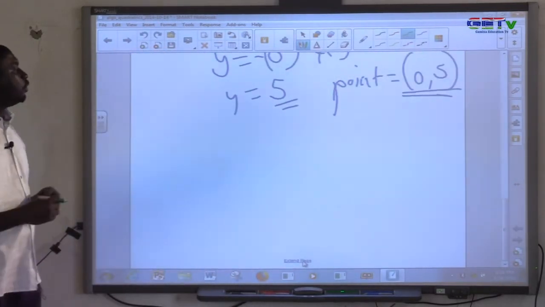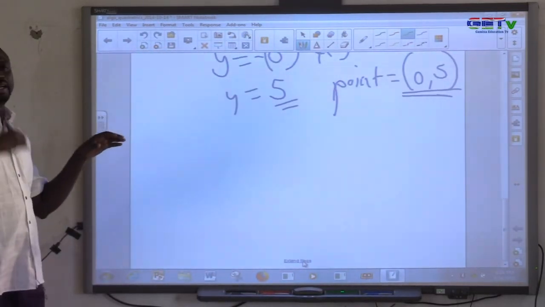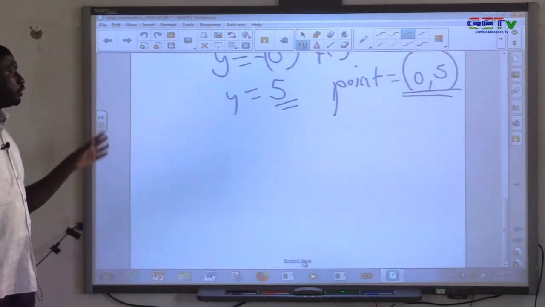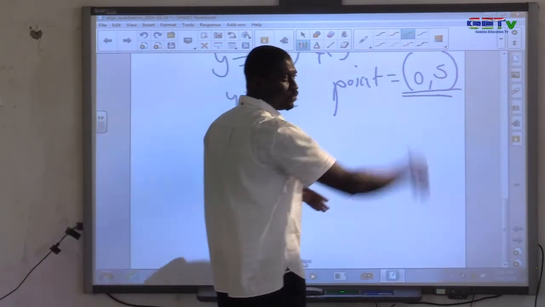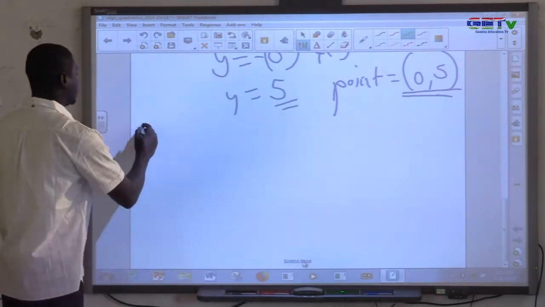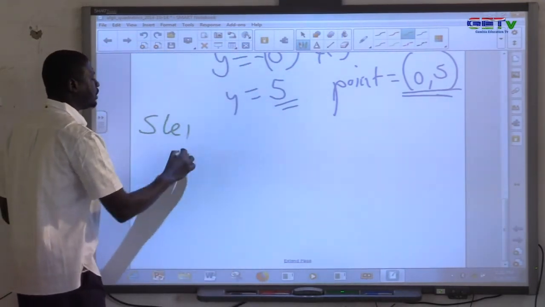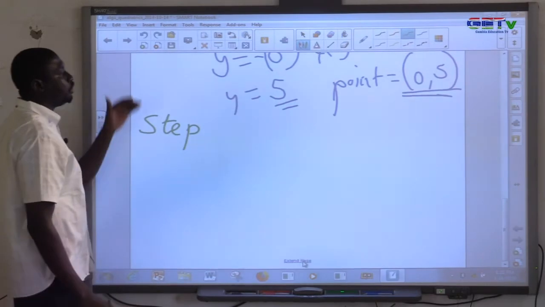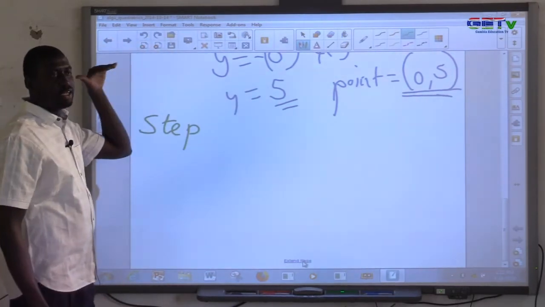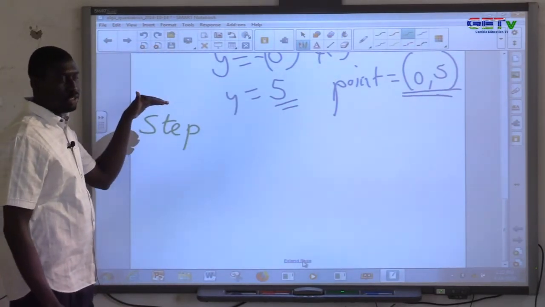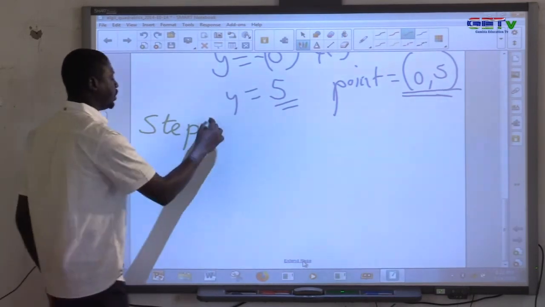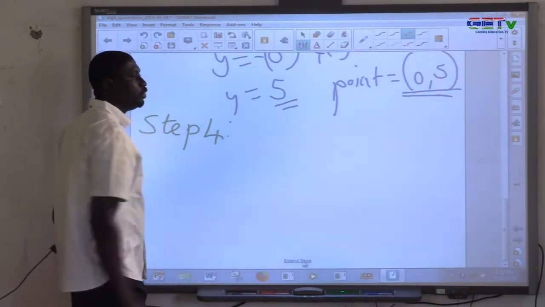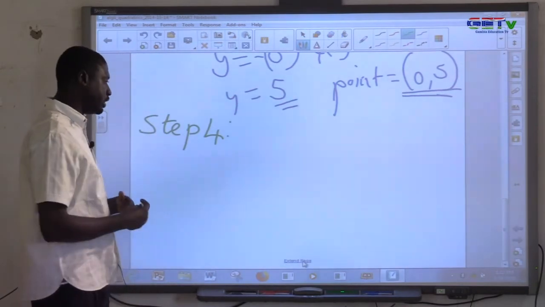Step 4, we have to find an extra 2 points that will help us to get 1/2 of the parabola. The second step is the line of symmetry and the vertex. Step 3, we solve for the y-intercept. So step 4, we have to look at another extra 2 points.